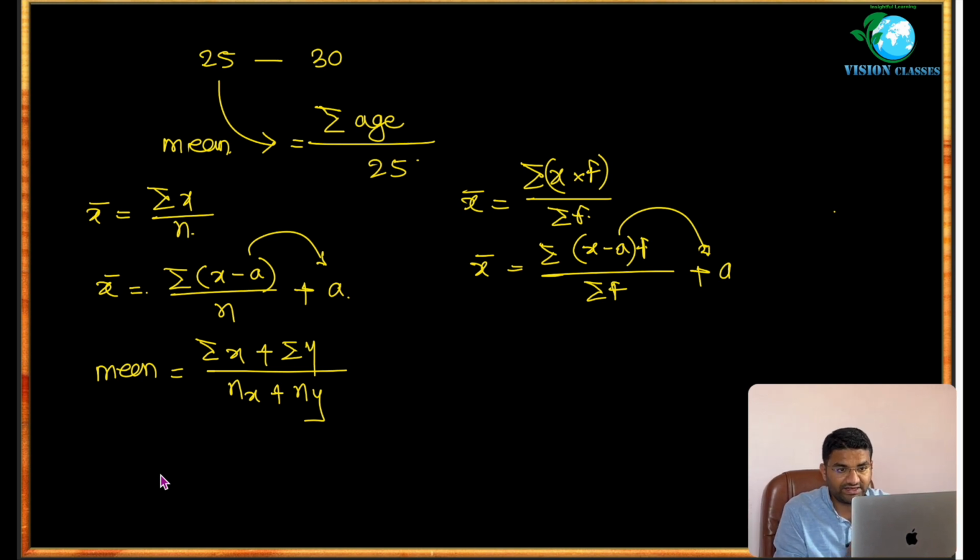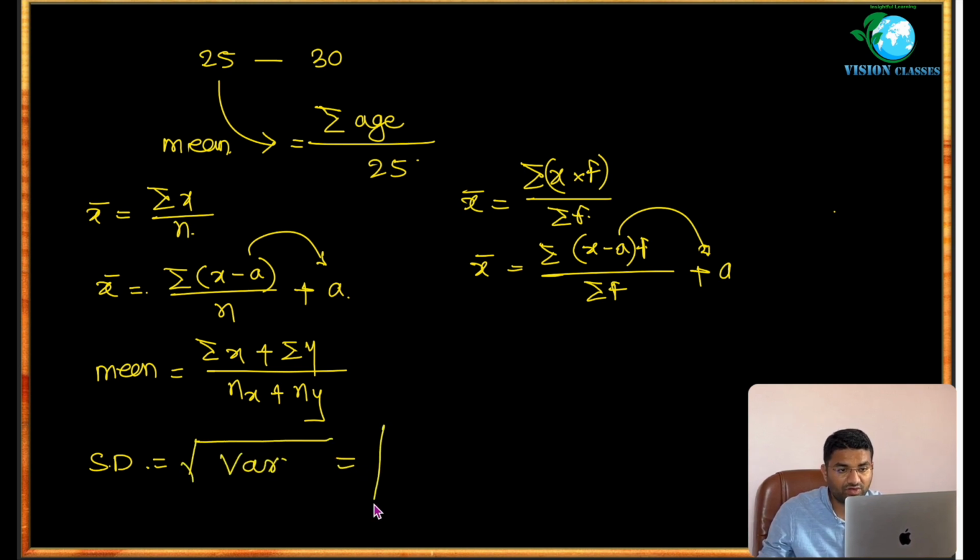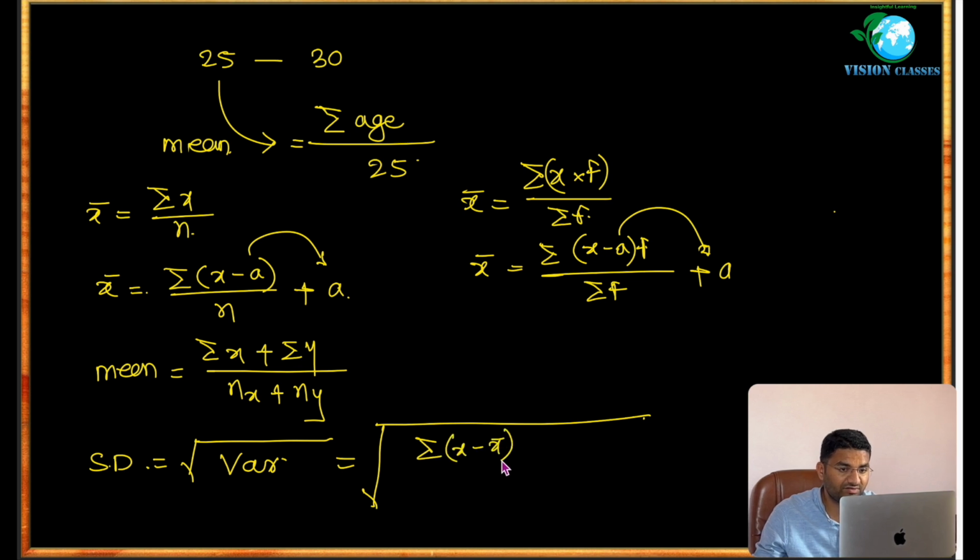Getting it? Then next we have the standard deviation formula. SD, standard deviation, is the square root of variance, right? And how do we calculate the variance? It is the summation of (x minus x bar) squared, upon n.